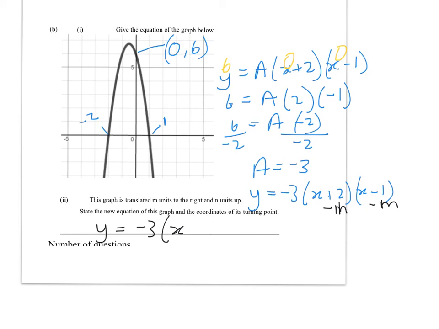So this bracket will be x plus 2 minus m, and this bracket will be x minus 1 minus m, and it's gone n units up, so when we go up we just add it onto the end. So that will be the equation of my new translated parabola. Thank you.